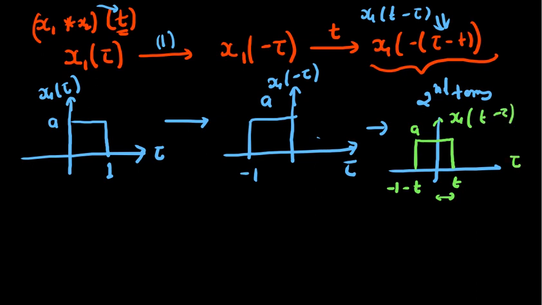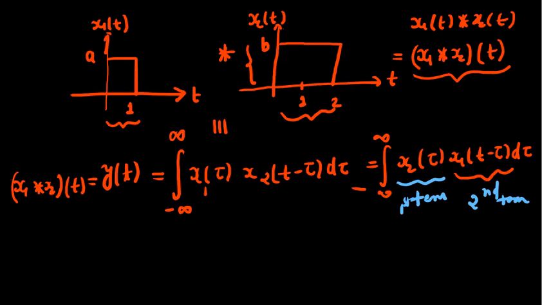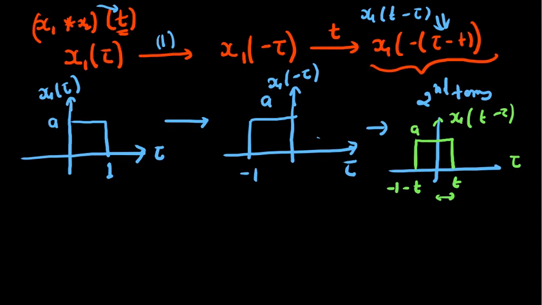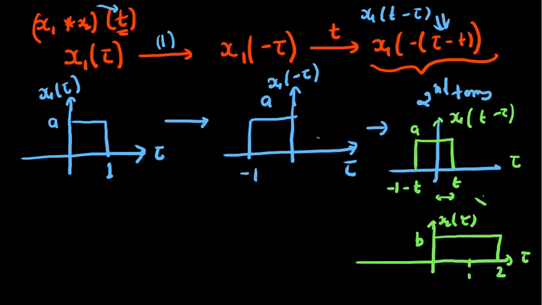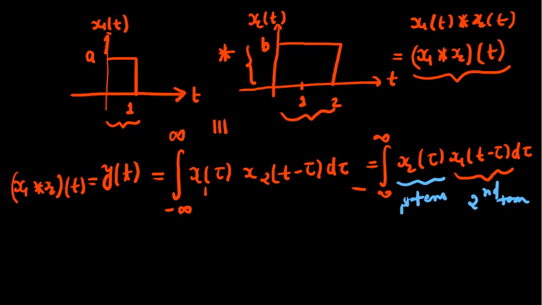Now you have to multiply it with the first term, x2(tau). This is your x2(tau). So just multiply it with x2(tau). This is your 1, this is your 2. Now you have to multiply it and you have to integrate, right? This is what we want to do. First term multiplied with second term and then you have to integrate.